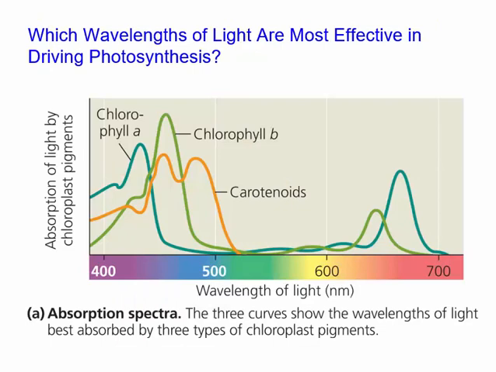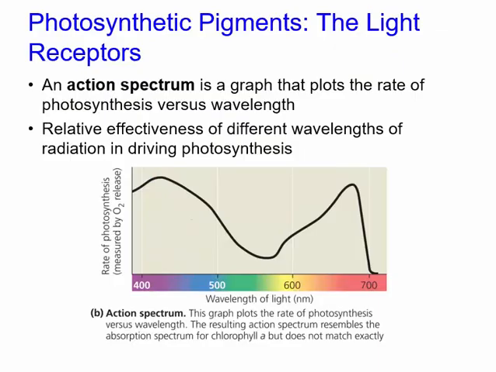So here we see it again, and we can start to ask the question, okay, here's what these pigments absorb, but what is most effective at driving photosynthesis? Well, they have good absorption down here in these color ranges, so that seems good. But we can actually measure photosynthesis and see what happens, and then overlay it to these absorption spectra. So here is what's called the action spectrum.